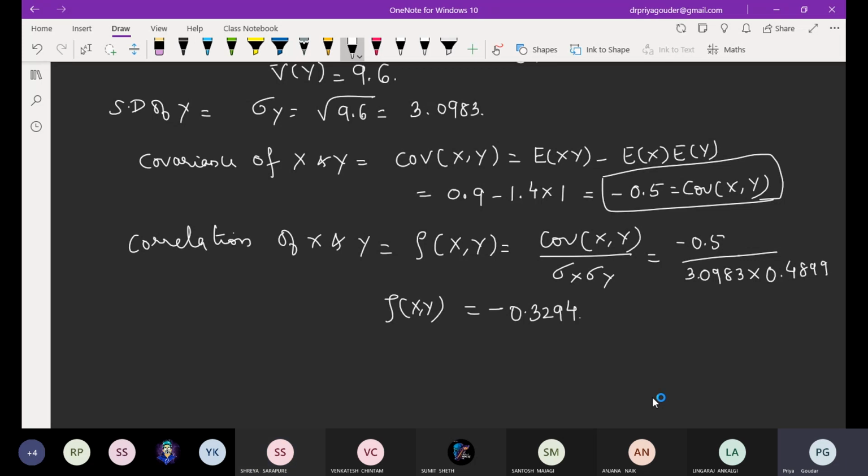Means they are negatively correlated. We'll not go into detail what is the thing and all. Only we should know how to calculate it. They may ask little changes in some questions, but this is what roughly they will ask the questions of this type. And from joint probability, as I said, 2 questions are going to be there.